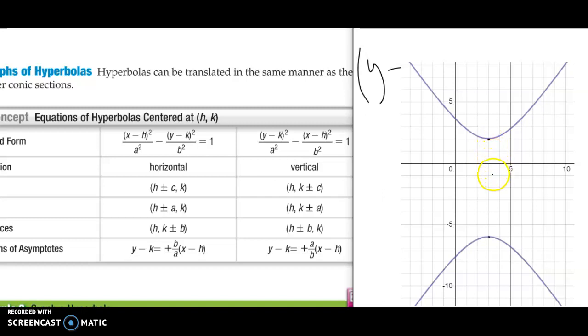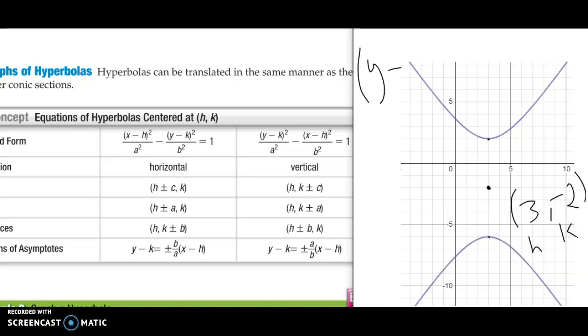So 1, 2, 3, 4. This is the middle of the hyperbola, which means my center is at 3, -2, which is going to be my h and my k value.